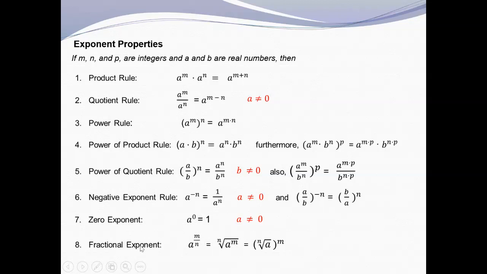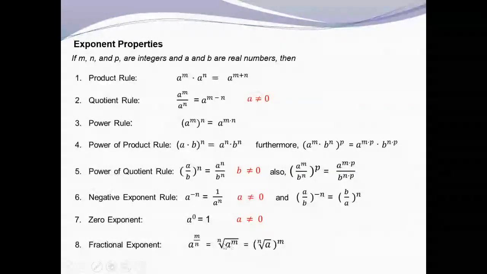This is called a fractional exponent. If you have a base raised to a fraction as an exponent, you have to convert it to a radical. The a is called the base, right, which here is going to be the radicand. The denominator of the fraction becomes your index, and the numerator becomes a power.